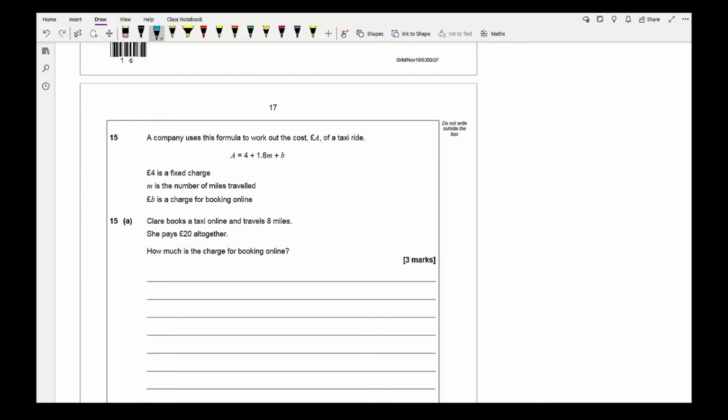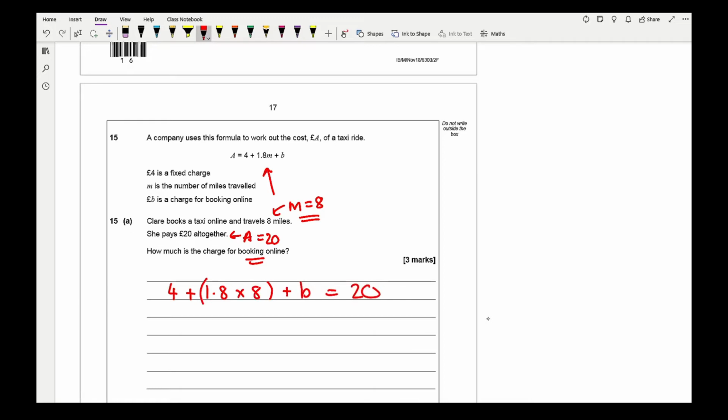She pays £20 altogether. So for this, what we need to do is make A equals 20 and M equals 8, and substitute these two values into this formula. So I've got 4 plus 1.8 times 8 plus B, which I don't know, and that equals 20.